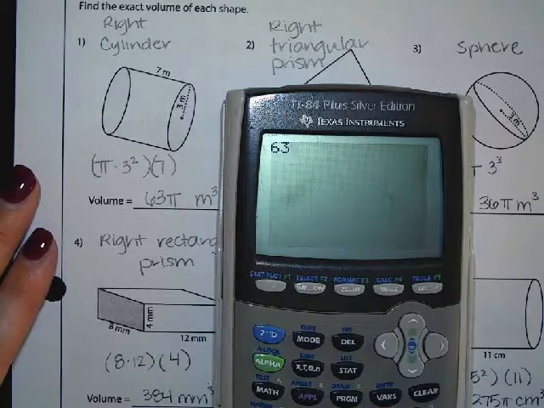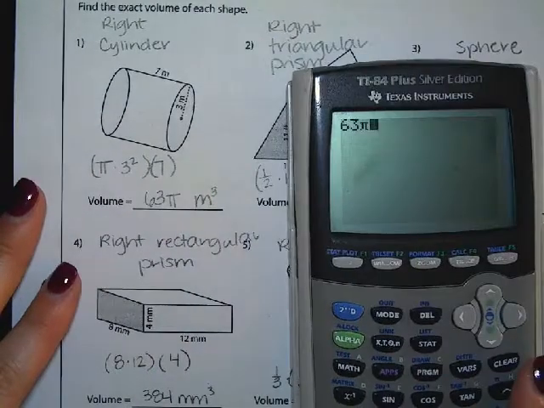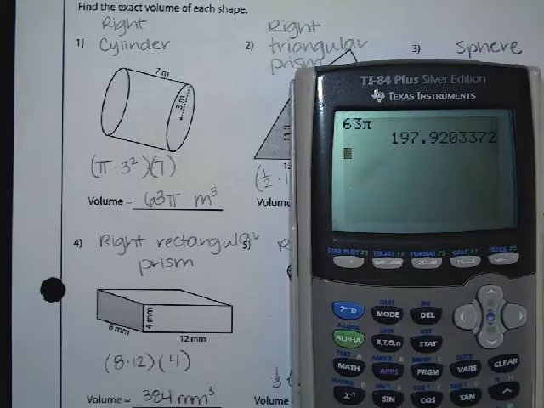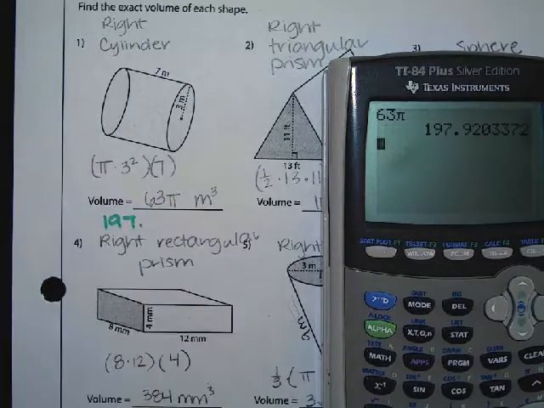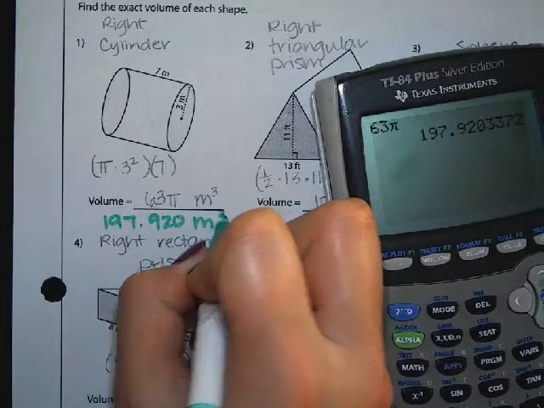We're going to use the pi button. Where's that? Second up arrow. So 63 pi, everyone should have that typed in. And we're going to round to the nearest thousandth, which is how many decimal places? 3. So this is 197.920 meters cubed.